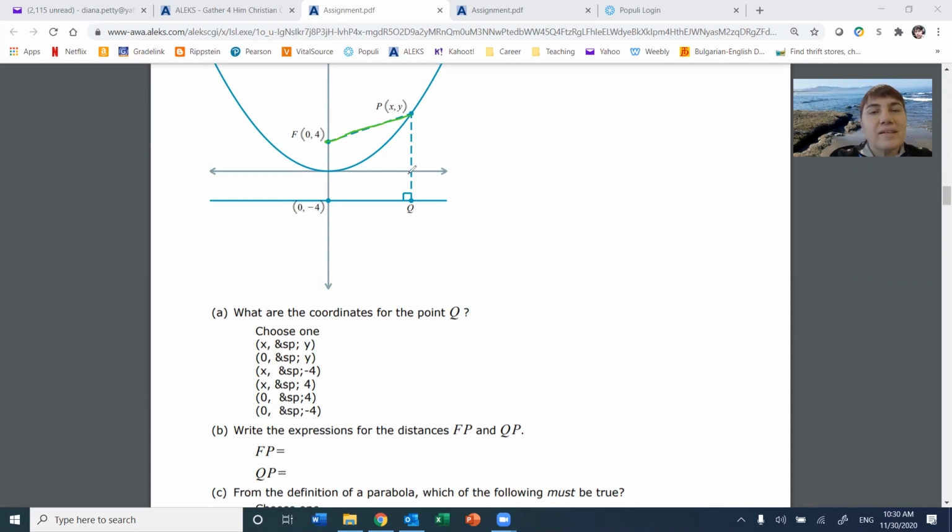The parabola is a set of points which are equidistant from the focus and from the directrix. So let's find the first one. To find it, you need to use the equation for distance.